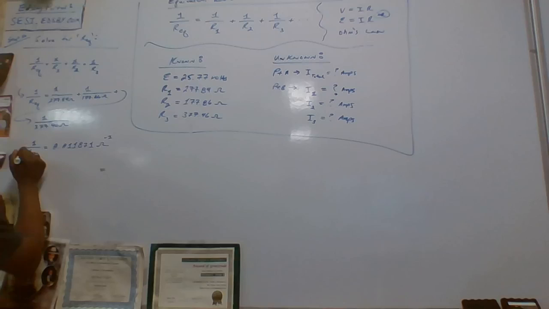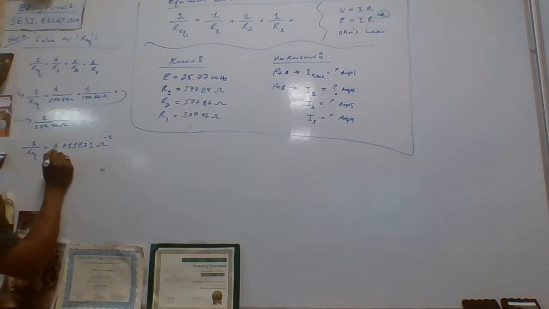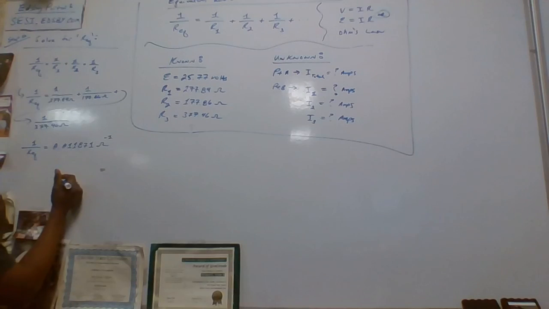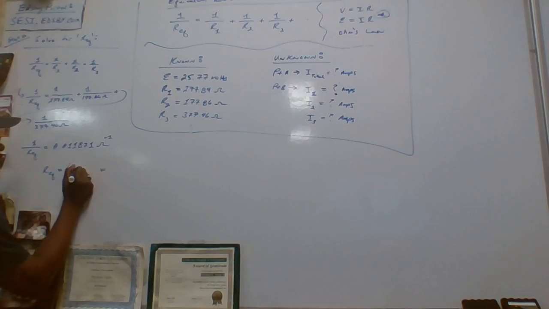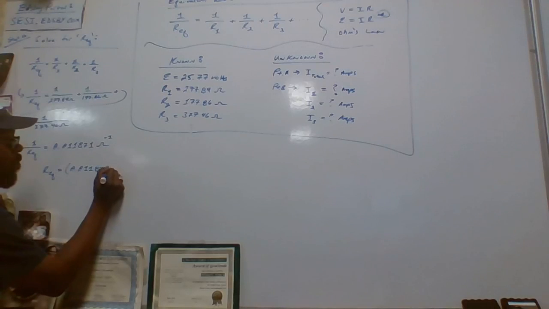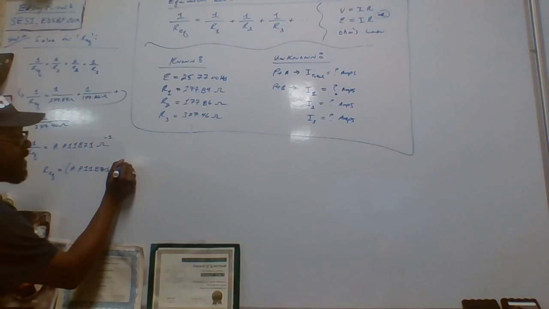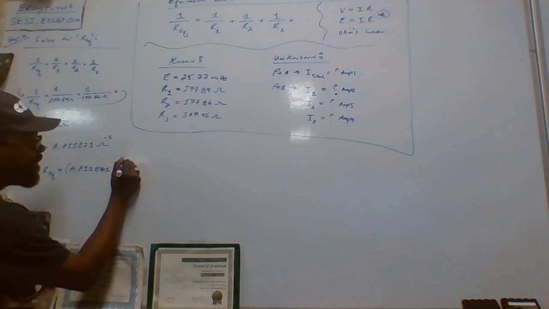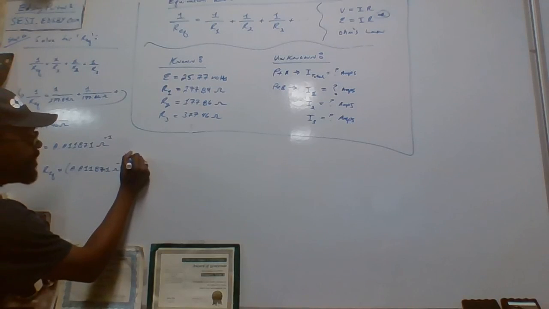So we're going to take this entire thing here and raise it to the negative power. So to get REQ, we simply take this number, put parentheses around it, 0.011871 ohms, raised to the -1, and come on the outside and do just that.